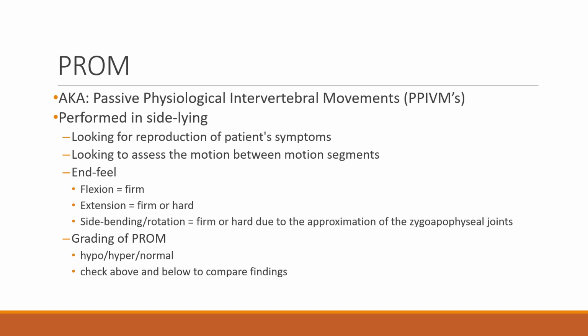With respect to flexion, we should note a firm end feel, extension potentially firm or hard if we have approximation of the bony segments, and then side bending and rotation could be firm or hard depending upon if we're dealing with compression and approximation of the zygapophyseal joints. We're going to grade passive range of motion as being hypo, hyper, or normal. And again, we're going to use these grades based upon the findings that we see above and below with respect to segments of the lumbar spine.